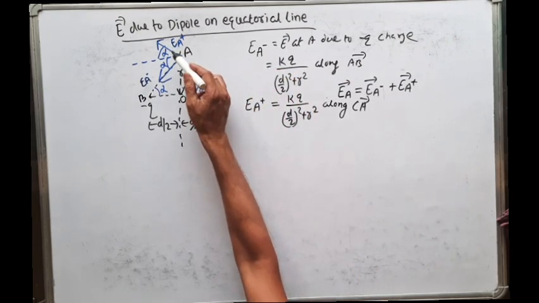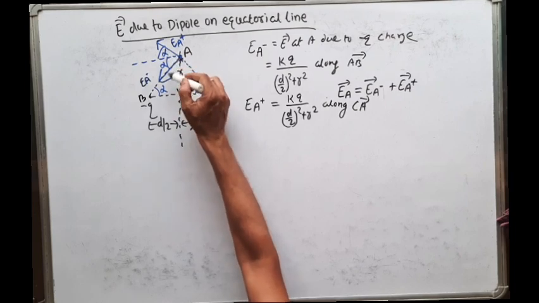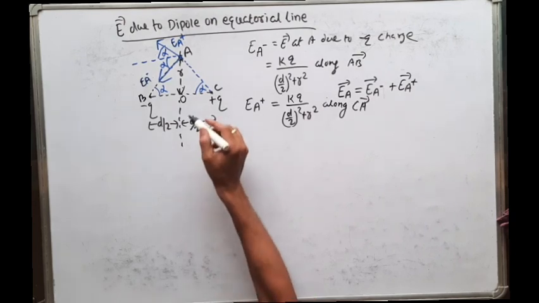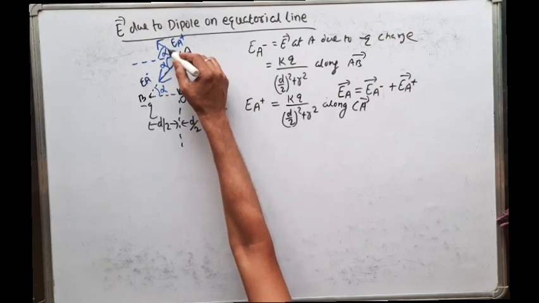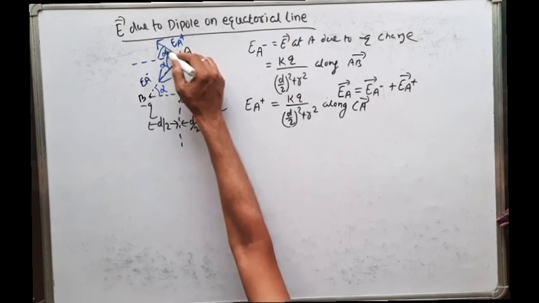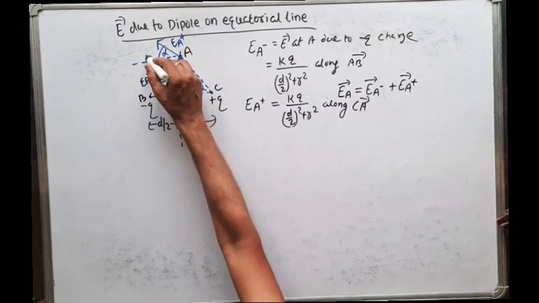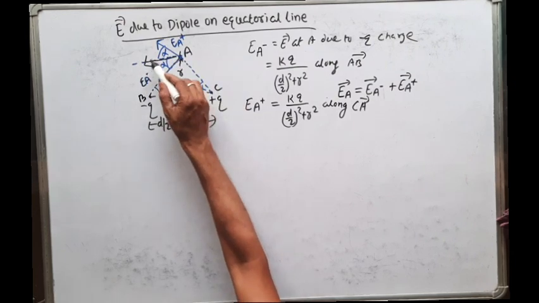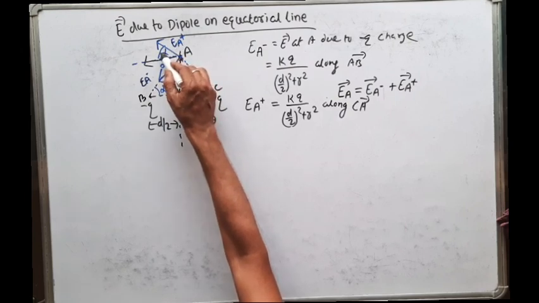So the total electric field intensity is equal to the sum of these two vectors. Now you know there are two vectors, and what is the angle between these two vectors? 2 alpha. So we can add vectorially by using which method? Using the component method. So you see, what is the x component of this EA plus vector? The x component will lie along this direction. So what is the x component of this vector? EA cos alpha.